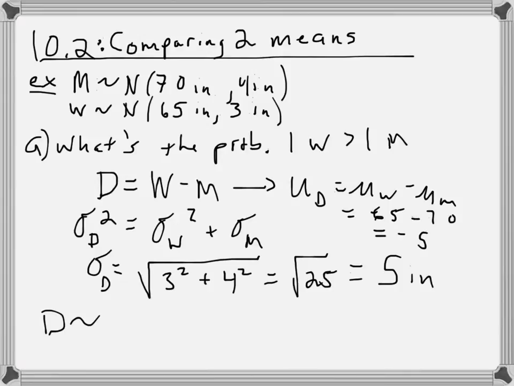The mean difference is going to be -5. And we also remember from chapter 6 that anytime I combine two independent, normally distributed variables, then it also is going to be a normal distribution.